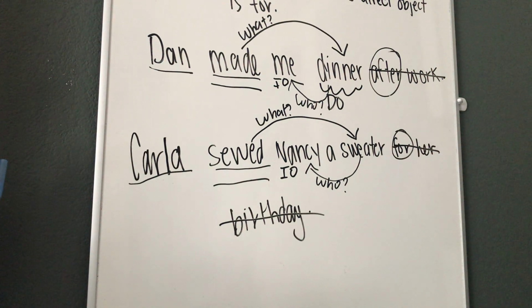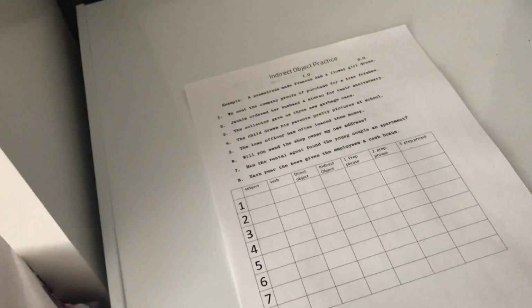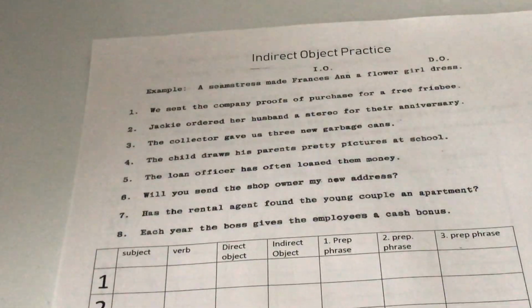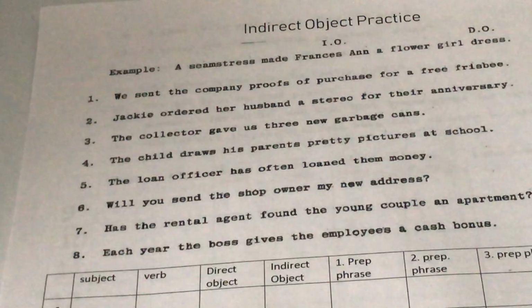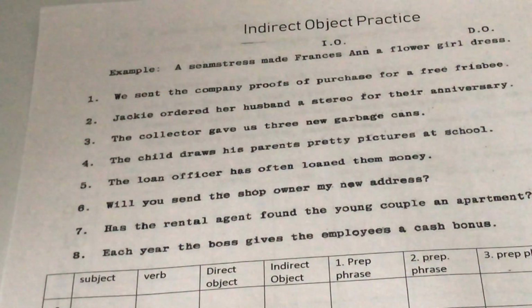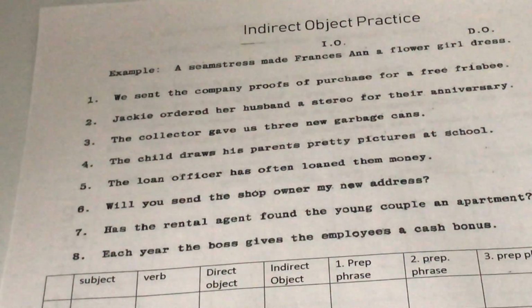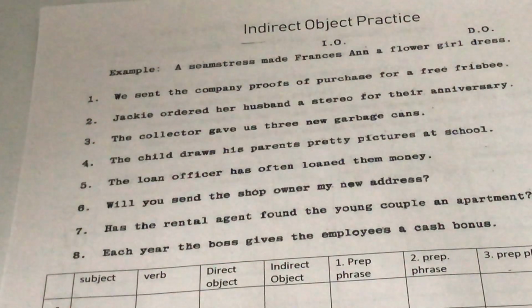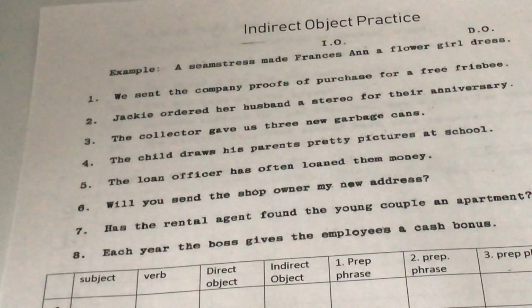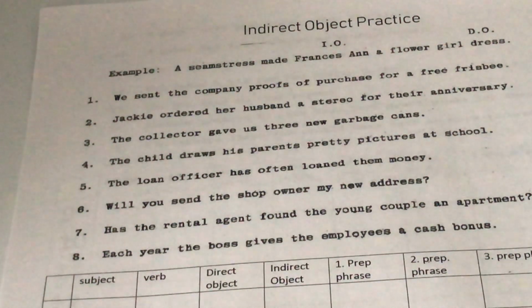Alright, so let's look at your worksheet. On your worksheet you're doing basically the same thing as the other worksheet, the direct object worksheet. However, you are also going to tell me what the indirect object is.